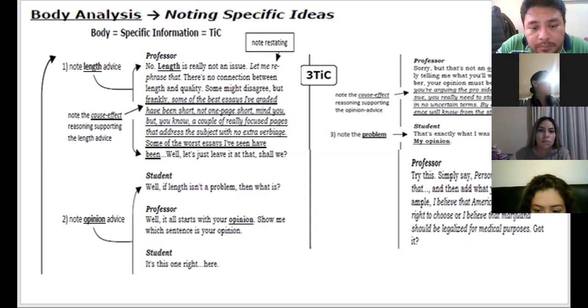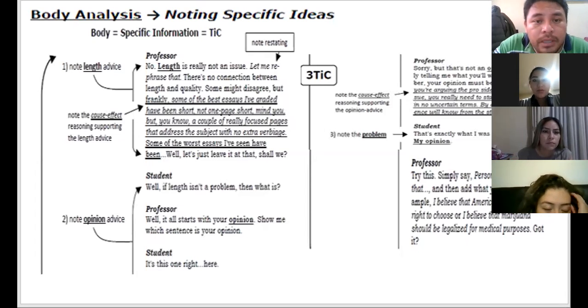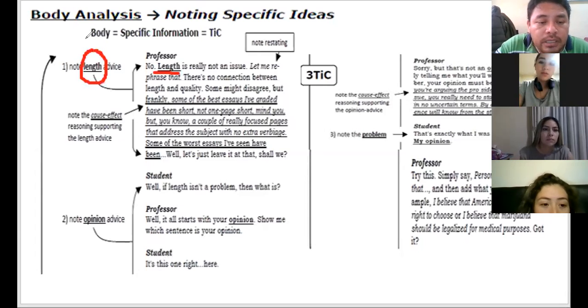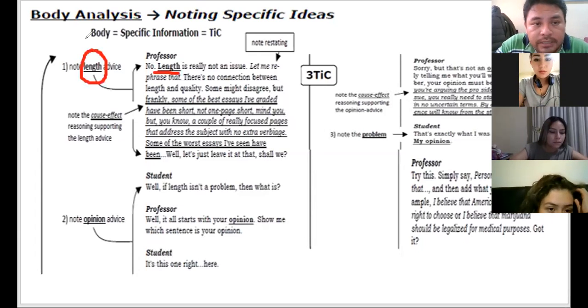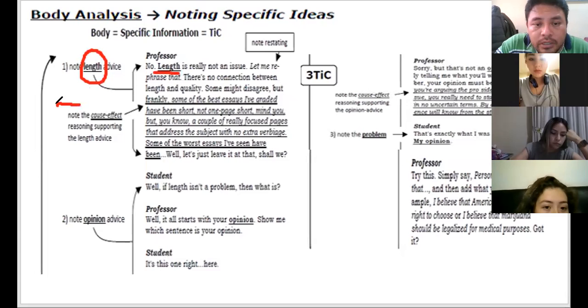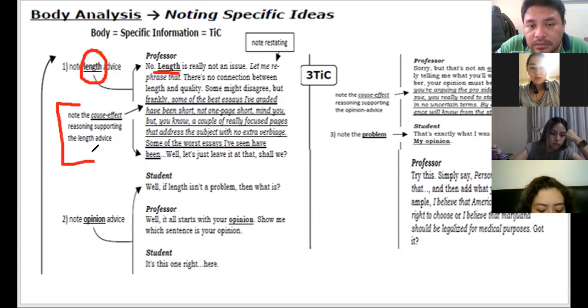Sometimes, for example, in the first part we need to identify what the problem is. In this case we can say it is the length. The professor will give some advice about the length and says the length is really not an issue. So here, note the cause and effect reasoning supporting the length advice.